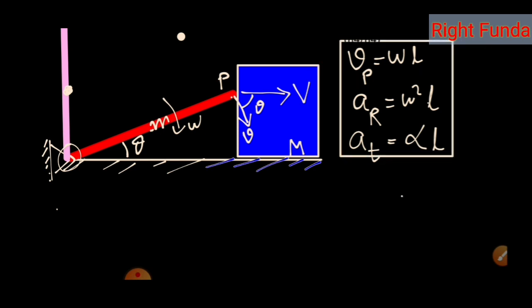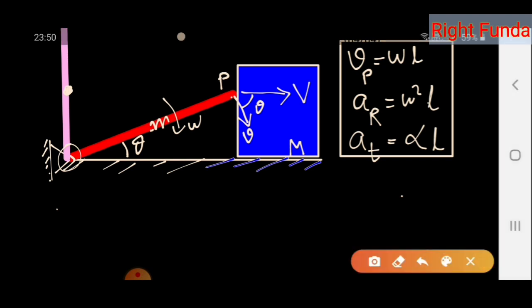Now there is a constraint relation between small v and capital V. Small v is the topmost point's velocity and capital V is the block's velocity. Their velocities along the perpendicular direction must be the same.